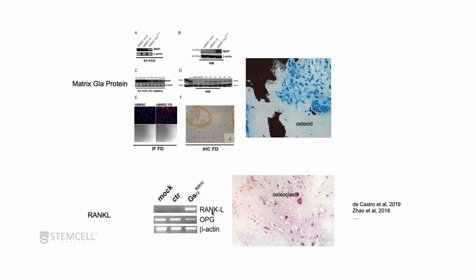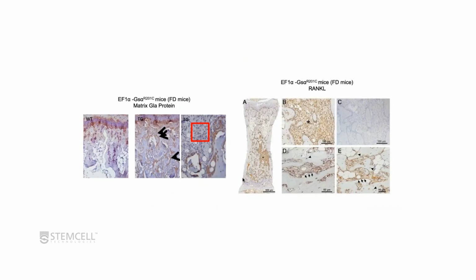We have confirmed the upregulation of both these molecules in our models too, and matrix-GLA protein is overexpressed in the fibrotic tissue and in bone-forming mutated osteoblastic cells, and the same is true for RANK ligand, which is upregulated within the FD lesions in mice.